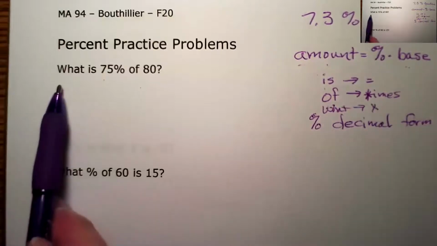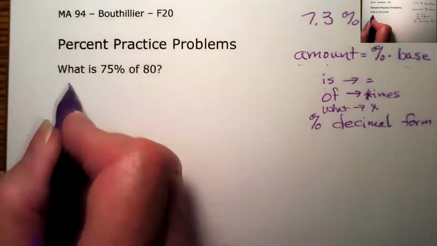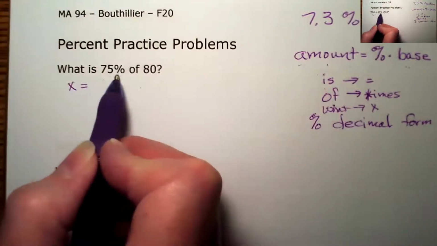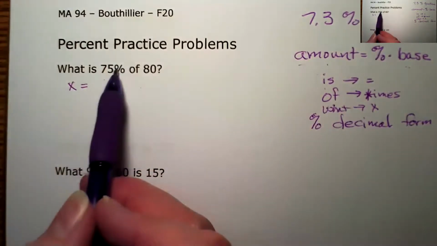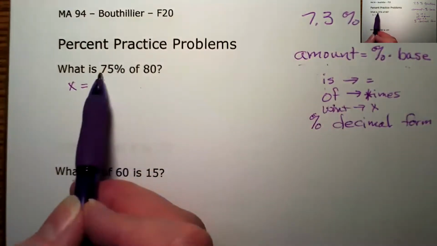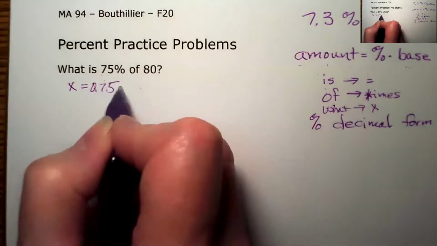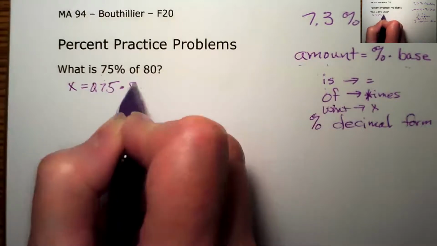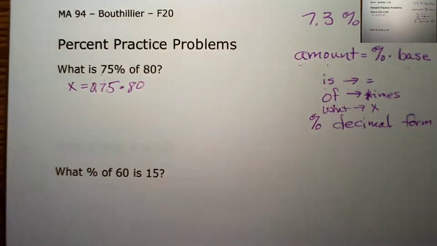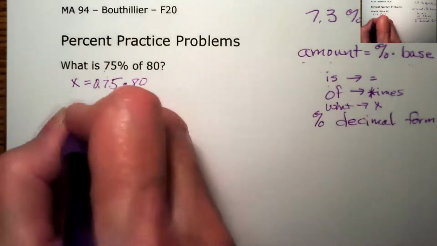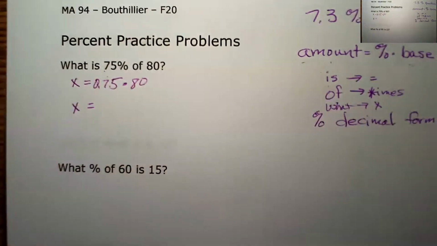So let's start. What is 75% of 80? "Is" and equals. I want 75% in decimal form, so I'm going to divide by 100, and it'll be 0.75. "Of" means times 80. So I'm going to do X. To find X, I'm going to do 0.75 times 80.